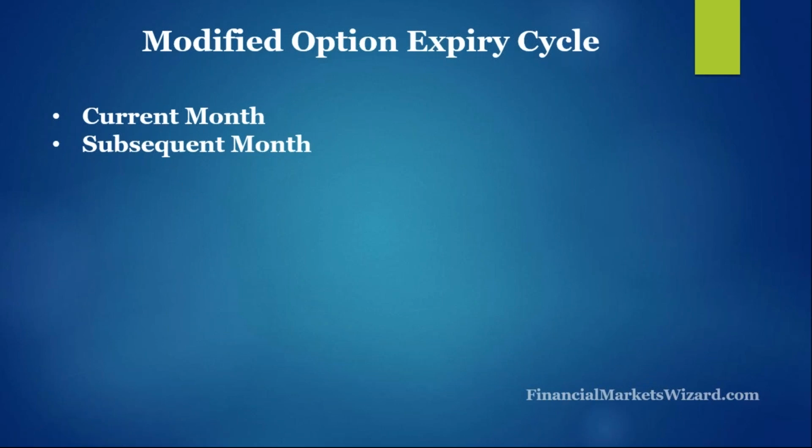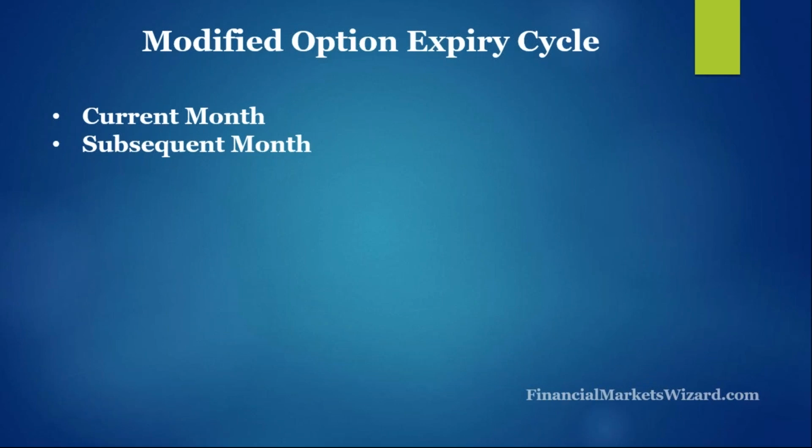When traders started hedging and speculating, they said, okay, we need the current month and subsequent month added to the option cycle. So 2 more months.